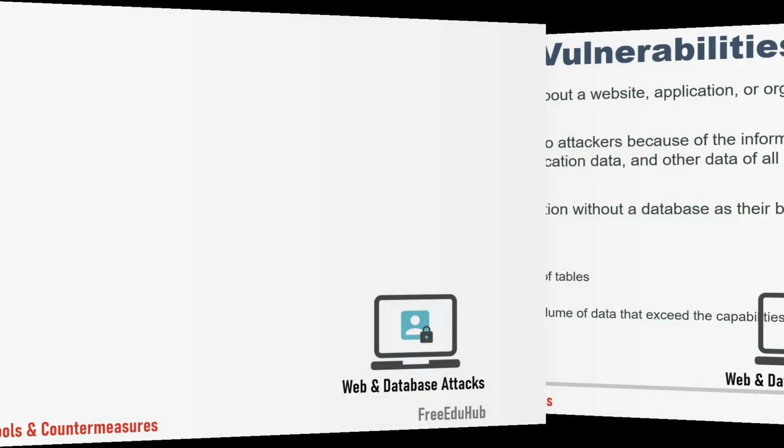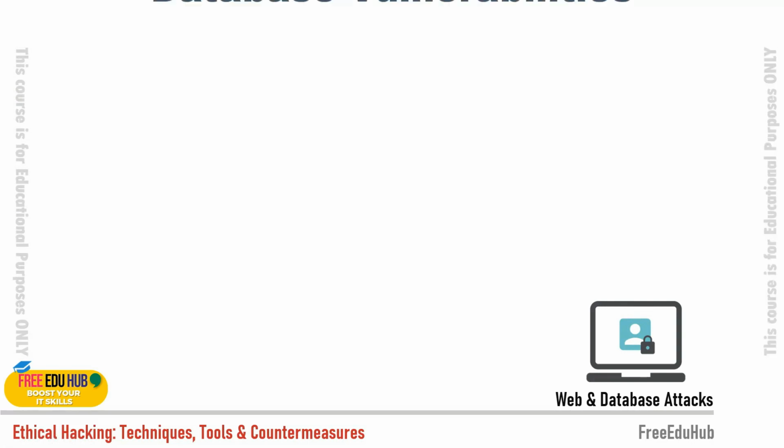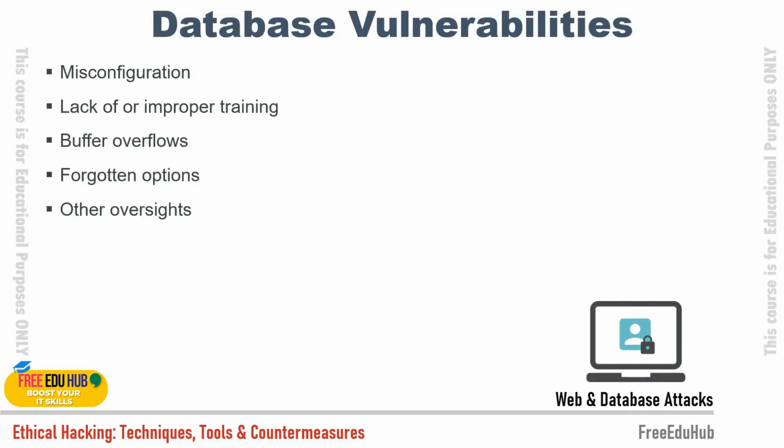Now next we are looking at database vulnerabilities, etc. In database vulnerabilities, we have misconfiguration, lack of proper training, buffer overflows, forgotten options, and other oversights, etc. Now, databases can have a myriad of vulnerabilities that leave them potentially open to attack. These vulnerabilities are as varied as the environment in which the technologies operate.